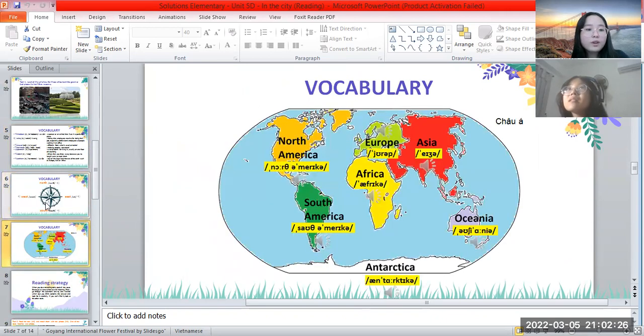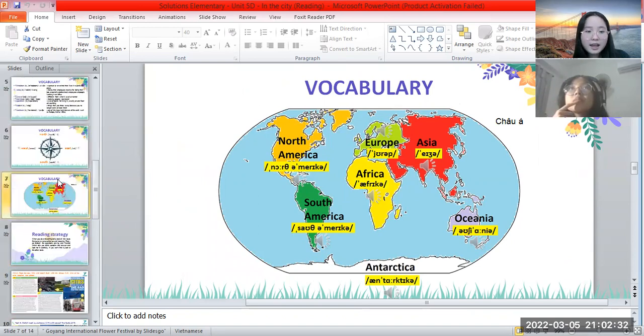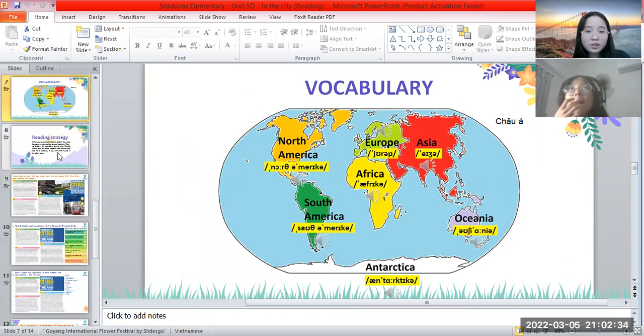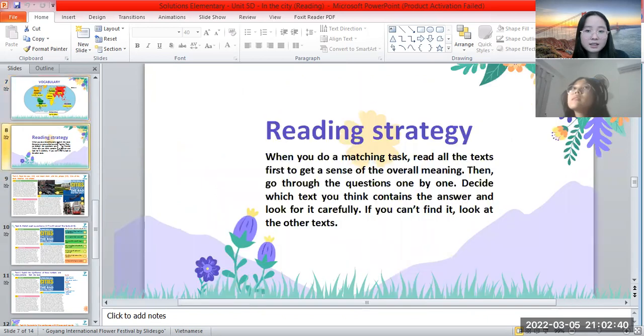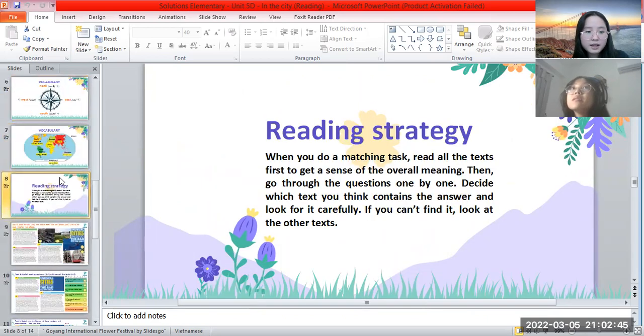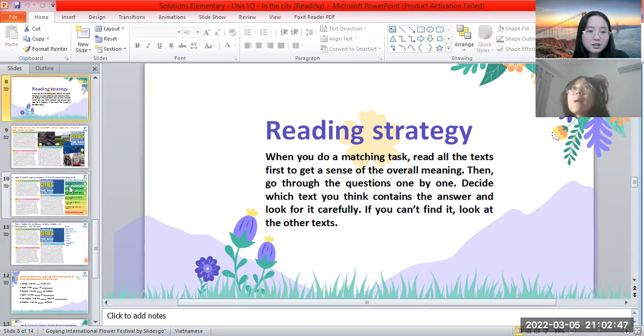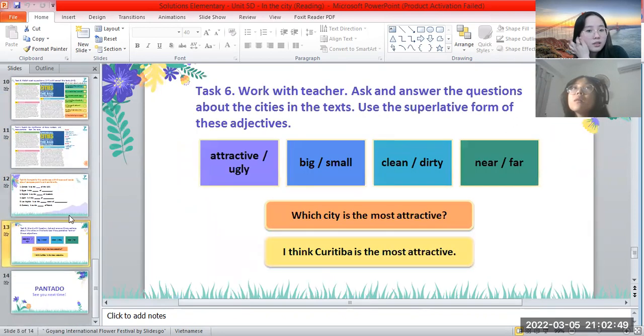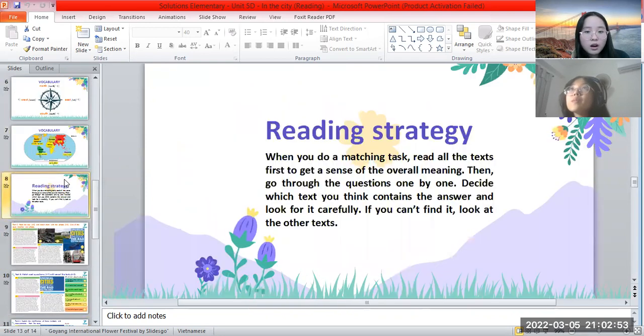Okay, so we finished learning the vocabulary of unusual cities, and today we're gonna do some reading exercises, and a reading strategy, and then some exercises from here to here.